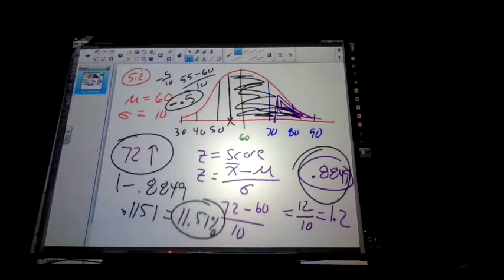So does a negative 0.5 Z-score fall within the original 68% of our population? And how do you know? Why? You're right in saying it, because 50 to 70 will encompass 68% of our population.